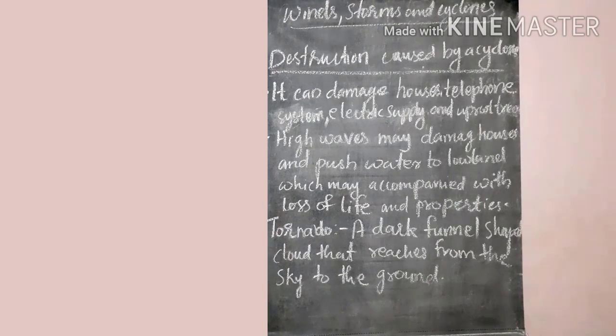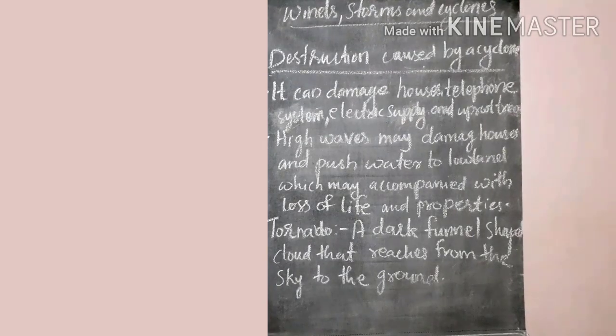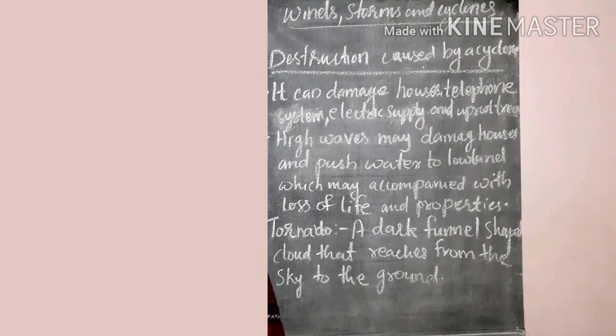Along with the cyclone, sometimes we can also see another phenomenon called a tornado. A tornado means a dark funnel-shaped cloud that reaches from the sky to the ground. Most tornadoes are weak, but sometimes violent tornadoes can move at a speed of 300 km per hour.